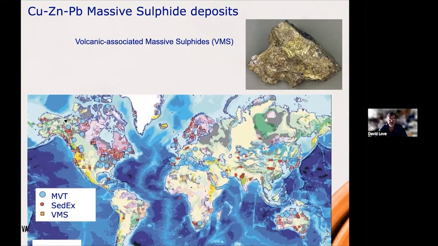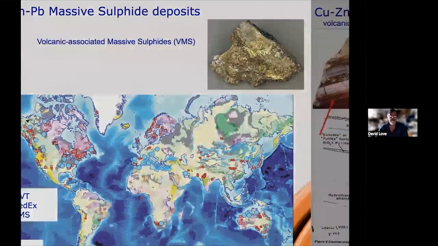The orangey pink squares on this map of the world are VMS deposits all over the world. And you can see quite a few of them in Australia and Japan and Scandinavia and in the Canadian Shield in eastern Canada and in the mountains of Western Canada and some in the mountains of the southwestern US.